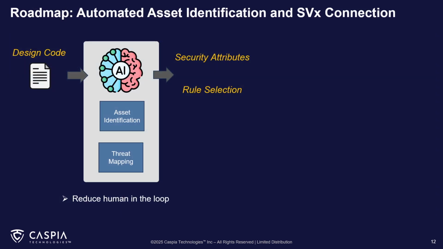On the roadmap for CODAx is to have unique, intelligent capabilities to provide security information automatically. This will help reduce the user in the loop to provide automated waiving of rule checks and identification of assets. This will provide even more targeted analysis.